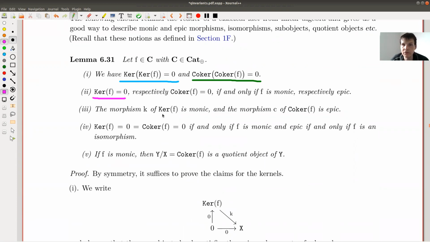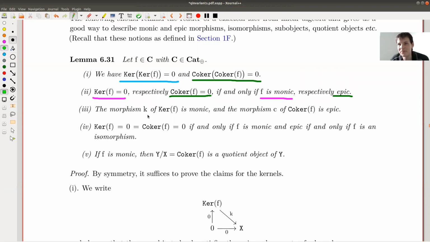The kernel is 0 for a matrix, remember, if and only if the matrix is injective. If it's monic in this language, the co-kernel is 0 if it's epic, right? It's surjective, injective, and some other things.